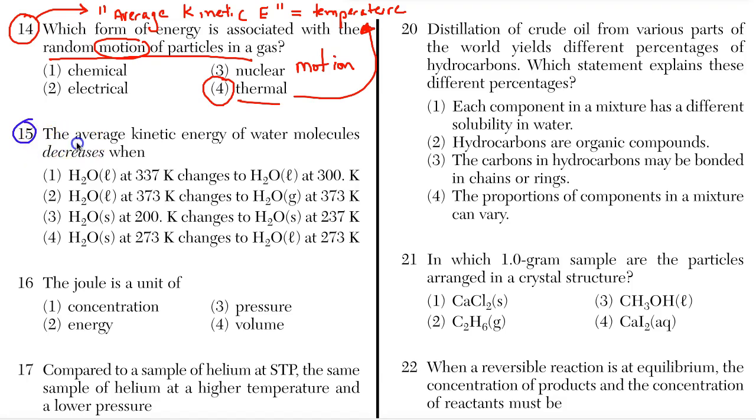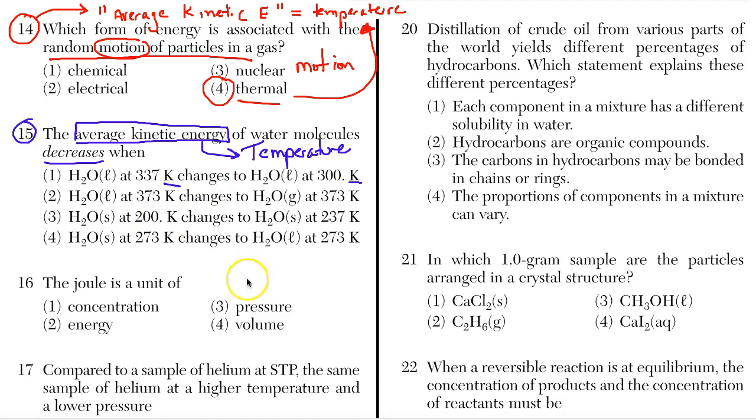Number 15, the average kinetic energy, that equals temperature. Get that down. You're going to see it. Decreases. So basically, they just want to know which one is a temperature decrease. Now careful, sometimes they have Celsius plus kelvins here. In this case, they kept life nice and simple by having the temperature in the same unit.